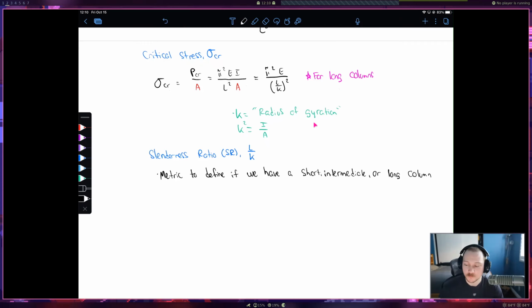Okay, so for a short column, basically what we're going to do is just plug in for L divided by K, and we'll solve for that. And if it's less than 49.67, it's going to be a short column.